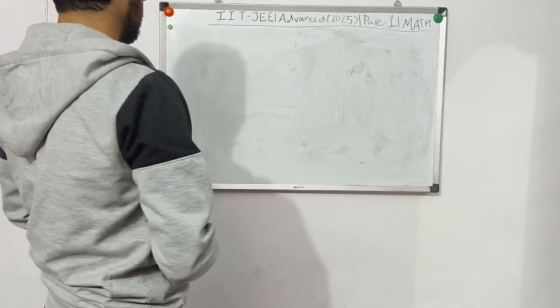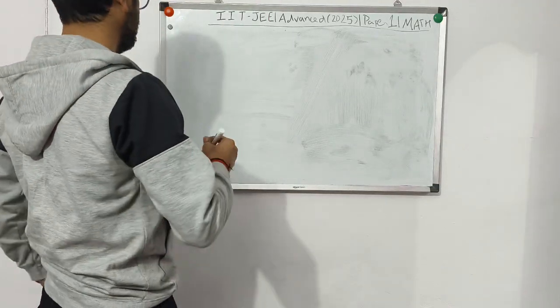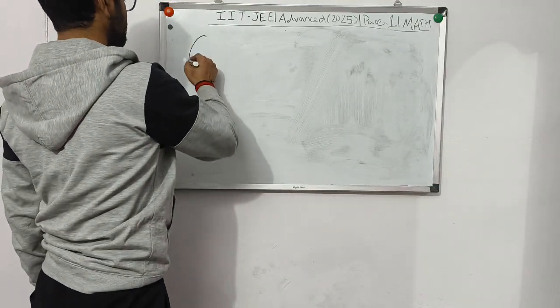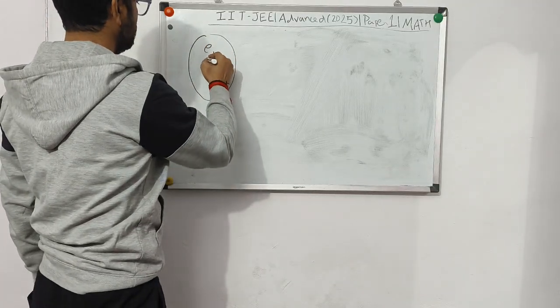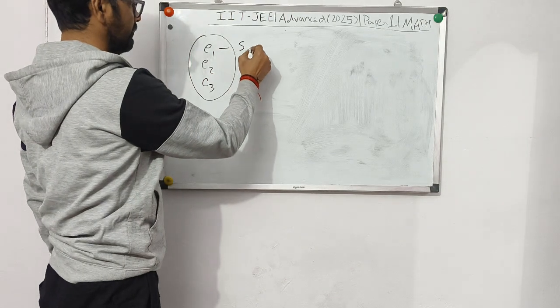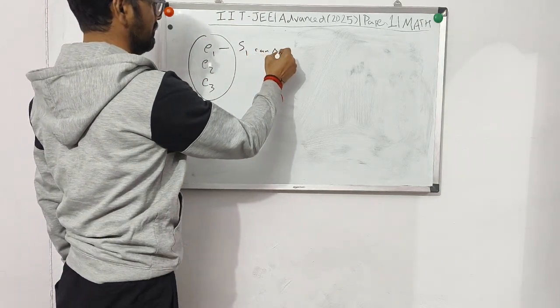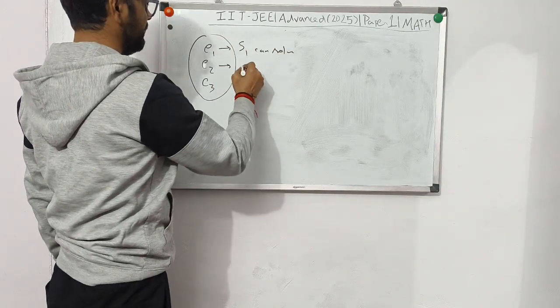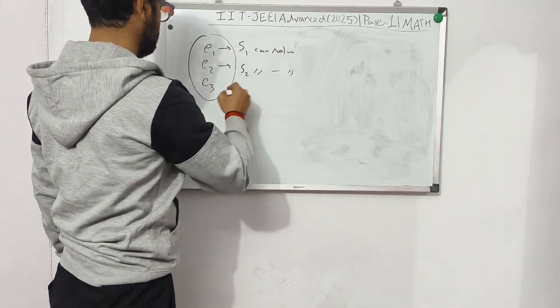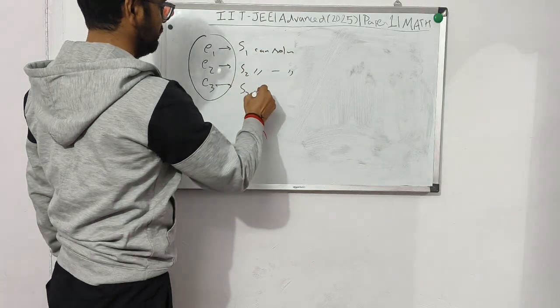So we will start with the concept of sample space. Our sample space consists of three elementary events E1, E2, E3. E1 represents that S1 can solve, E2 represents S2 can solve the problem, and E3 represents S3 can solve the problem.